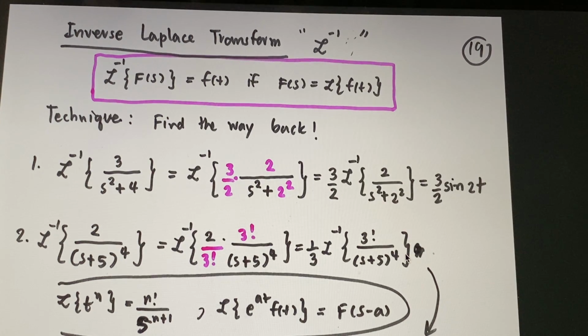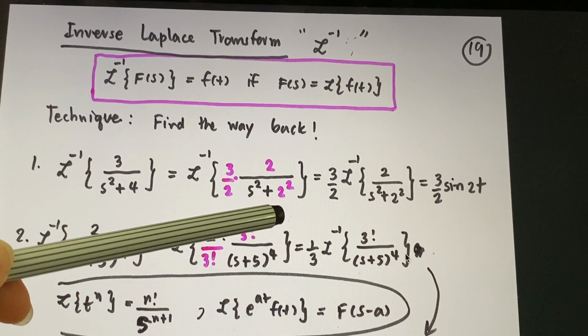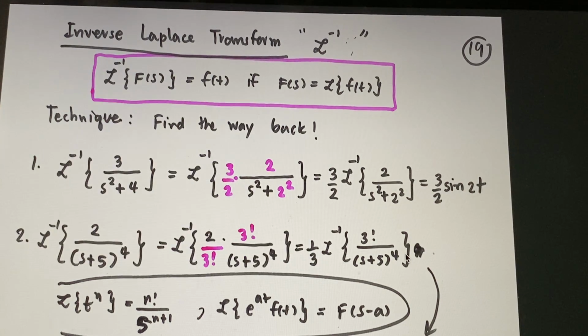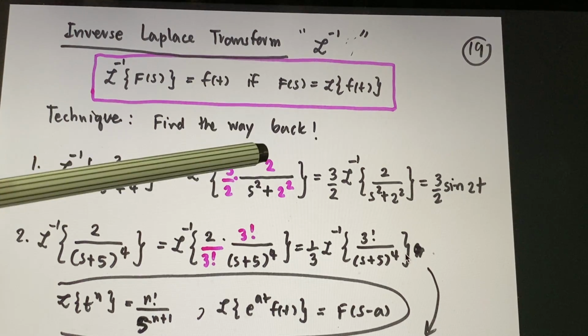Okay? Let's see example number 1. Inverse Laplace of 3 over s squared plus 4. What is that? When you see s squared plus 4, it comes from s squared plus 2 squared. When you see this one, I'll probably think about sine 2t. But to have sine 2t, we need 2 up here.